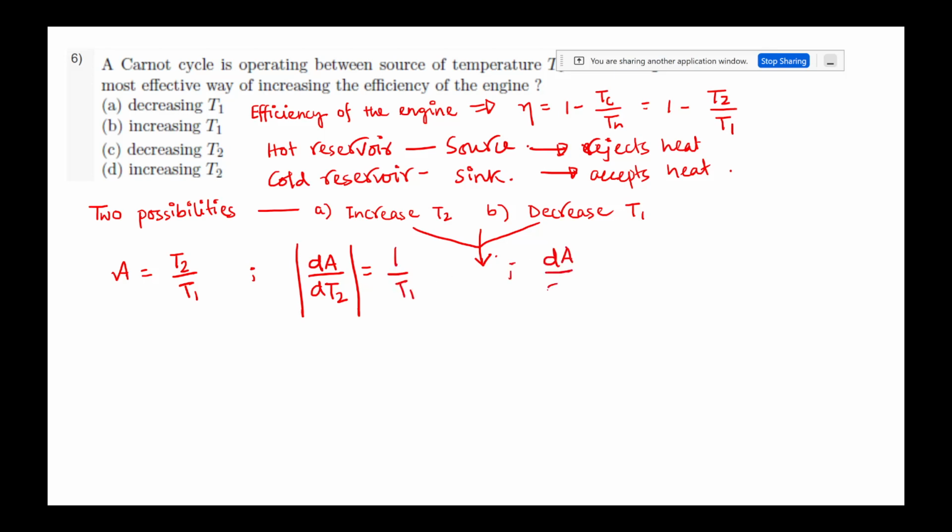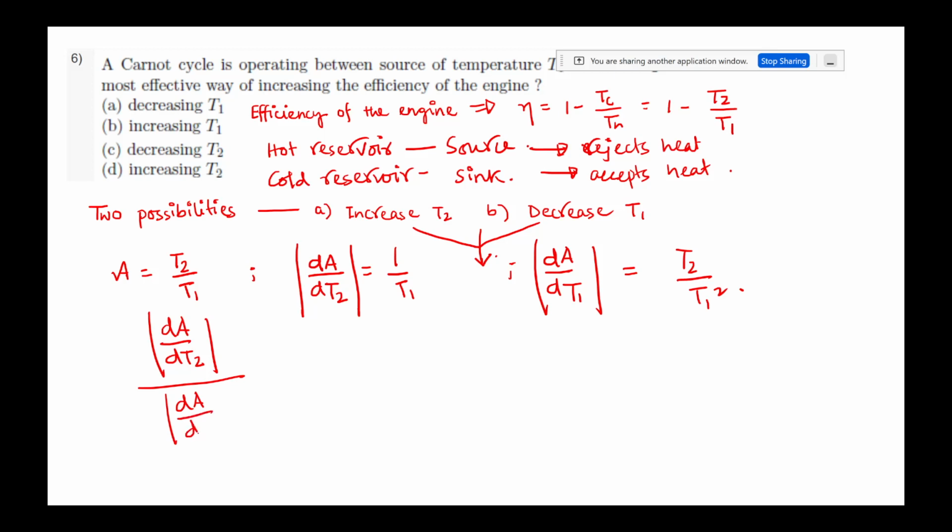What is dA by dT1? It is T2 by T1 square. Now if you compare dA by dT2 and dA by dT1, then this is 1 by T1, this is T2 by T1 square.